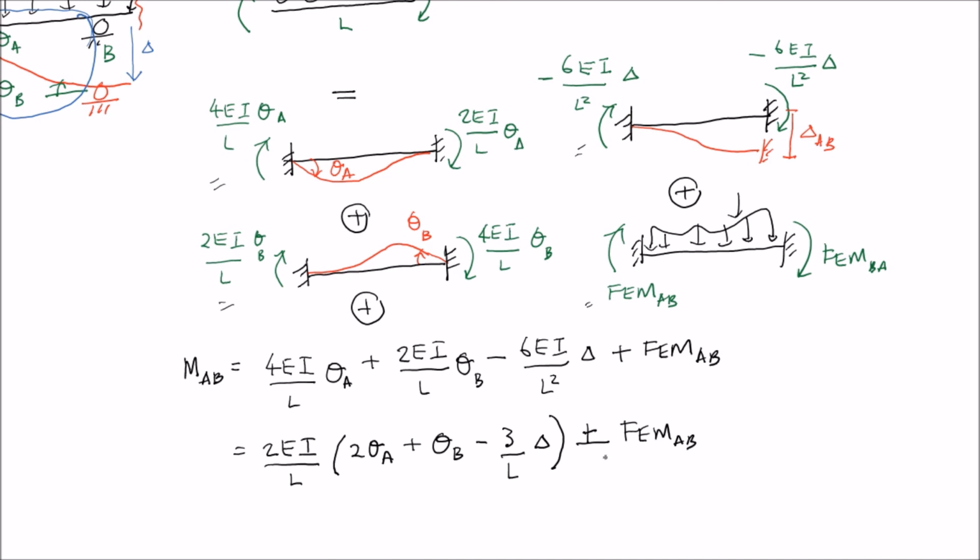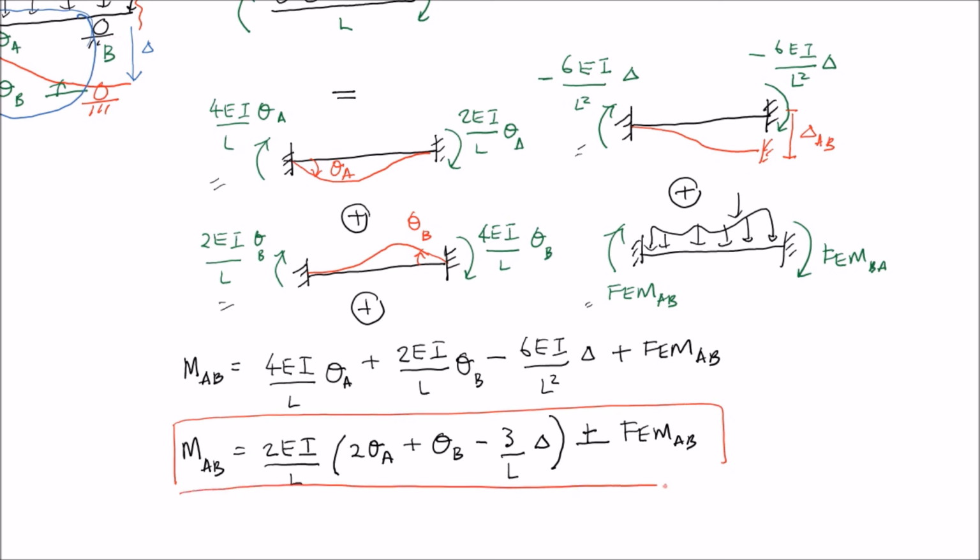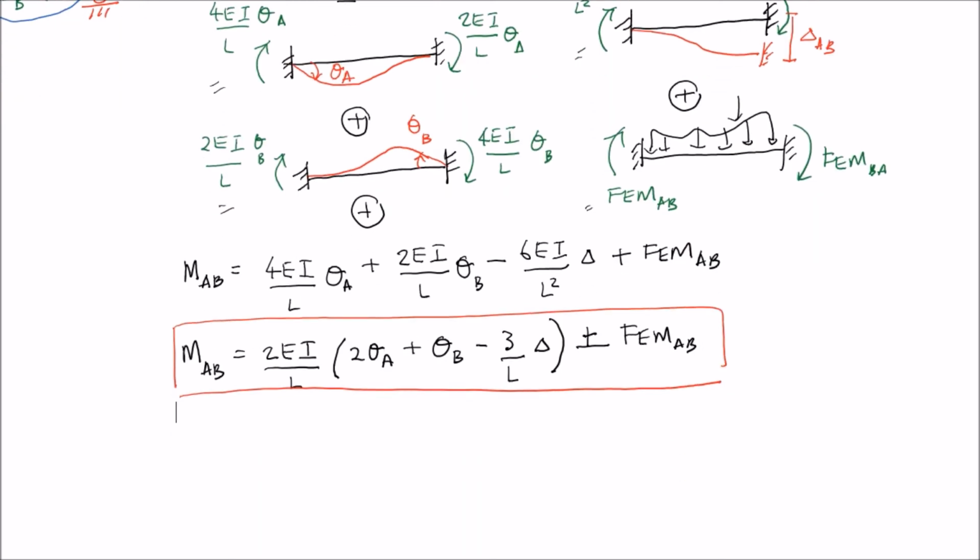So usually you use the sign of plus minus, and this is actually the general equation for slope deflection, the equation that we were trying to develop just now. If you look carefully, when we are talking about the moment near A, the nearer joint is joint A, you will see that in this equation it is 2 theta A and only 1 theta B.